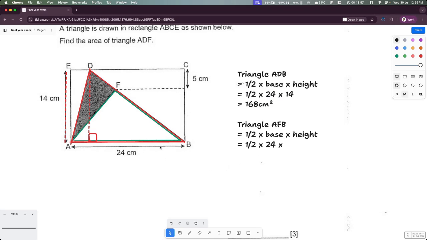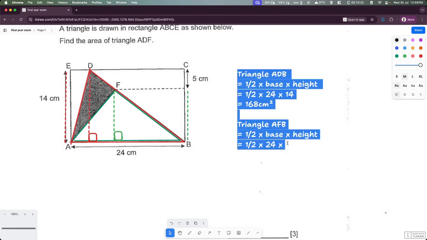So the height is a bit different. The height is this one over here, and then I'm gonna duplicate this. So essentially the height is not 14 centimeters, but it's this one over here, like this.